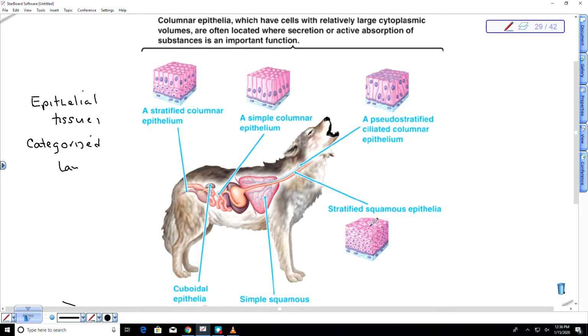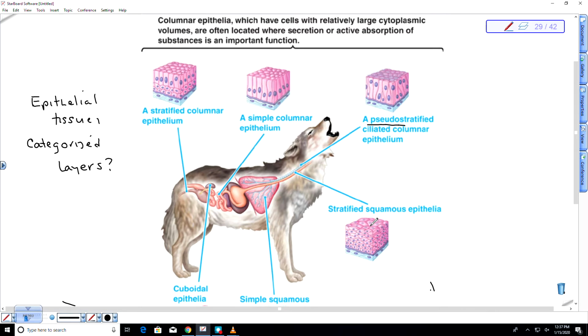And we can talk about layers, right? So we talked about simple and stratified. What about this pseudostratified? What does pseudo generally mean? False. And so one of the things you'll notice about this is it really is only one cell layer thick, but the nuclei are at different levels. So if I'm looking at it underneath a microscope, it kind of looks like it's stratified because the nuclei are at different levels.